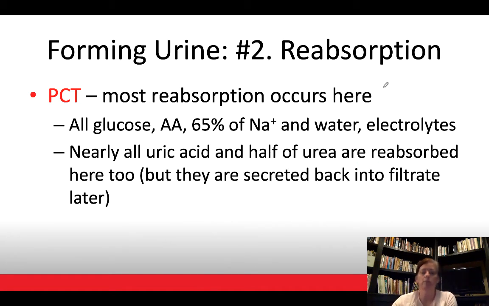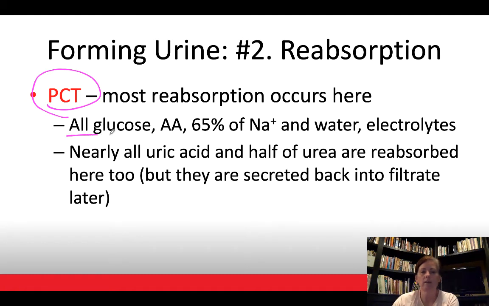Okay, so reabsorption. Most reabsorption is going to happen in the proximal convoluted tubule. So this is kind of a hotbed of reabsorption here. Most of our reabsorption is happening there because we've got microvilli that increase surface area and allow for that reabsorption to happen.